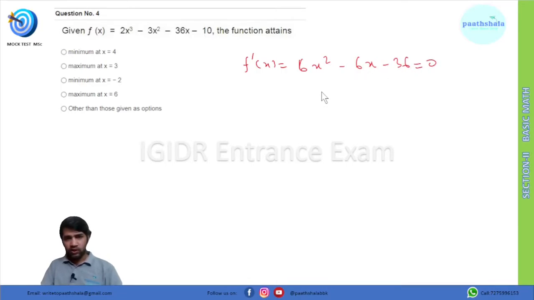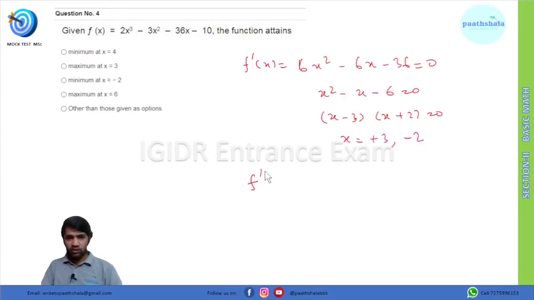When you equate it to 0, we can take 6 as common and put it to the right side. So this will come out to be x squared minus x minus 6 equals 0. When you solve it further, this will be (x minus 3)(x plus 2) equals 0. So from here you will get plus 3 and minus 2.